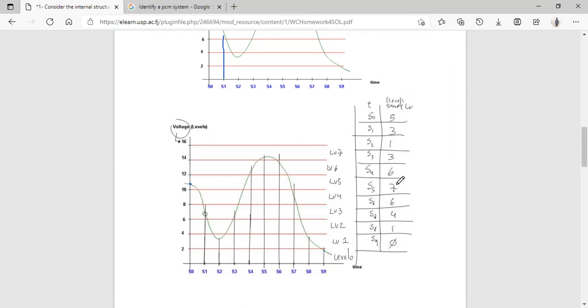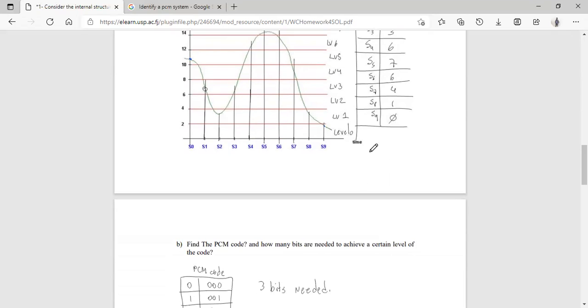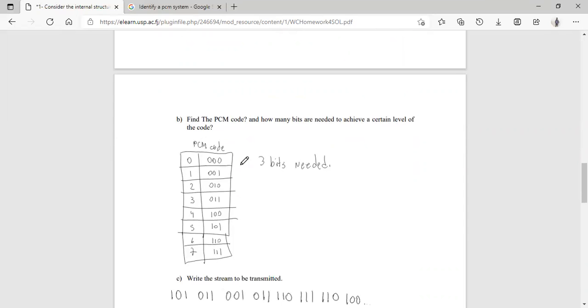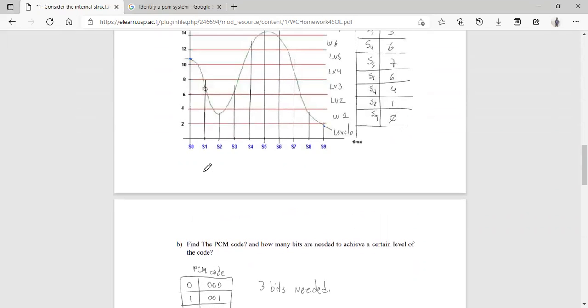If you use a 3-bit system, you can cater for 0 till 7. In this case the maximum value is 7. So how many bits do we have to use to write the PCM code? We need to use 3 bits. So basically we need 3 bits to write our PCM code. Now for 0, right?